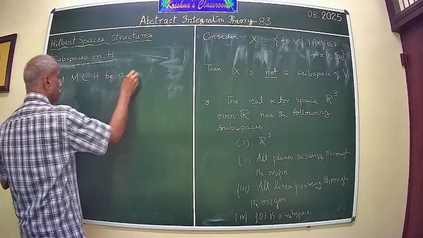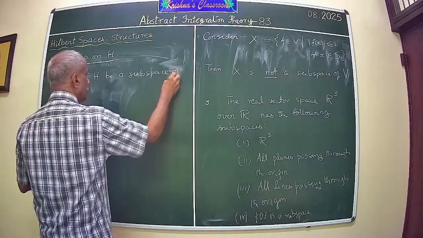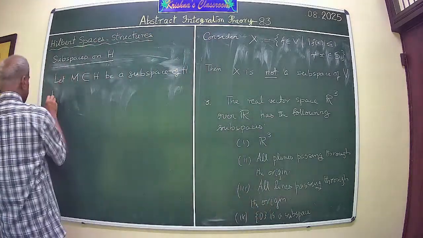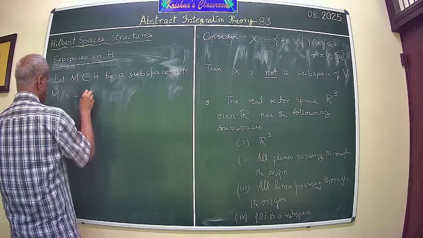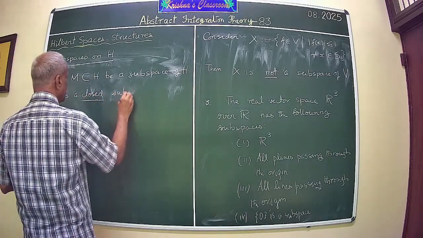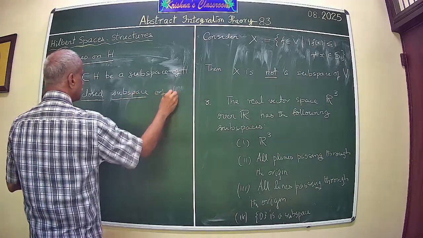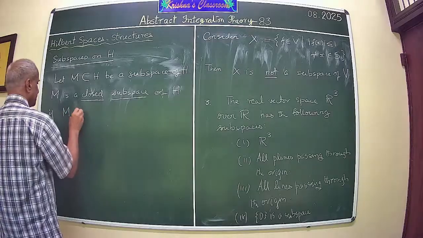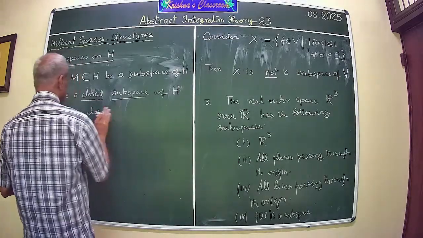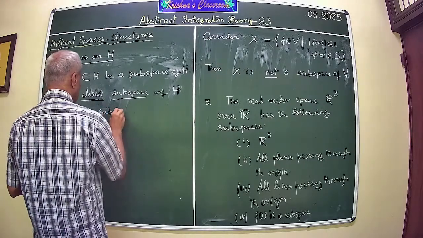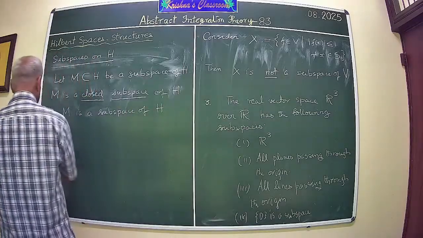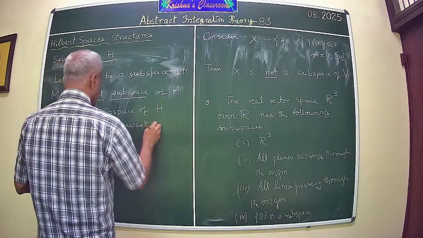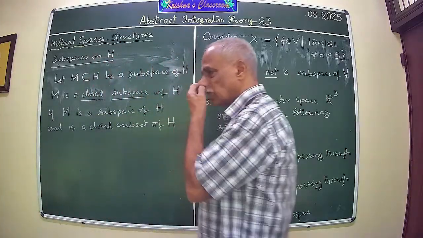Let M be a subspace of the Hilbert space H. Now, M is a closed subspace of H if M is a subspace and is closed. What does it mean?